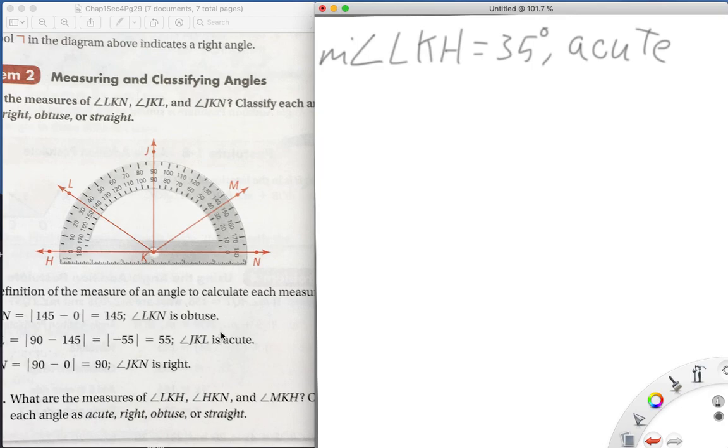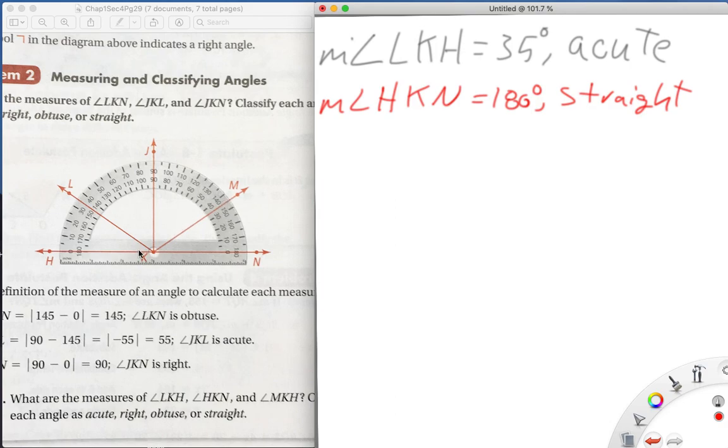Then they ask HKN. Notice it forms a straight line, so it is a straight angle. We know that a straight angle is 180 degrees. So the measure of angle HKN is 180 degrees. Therefore, it is a straight angle. Then they ask for MKH.